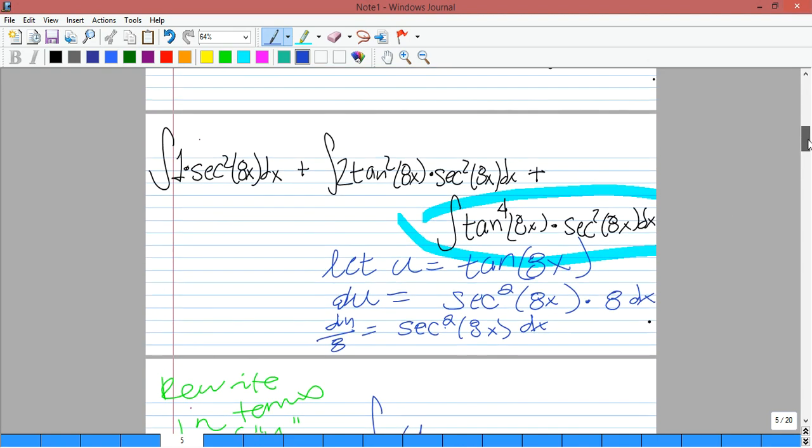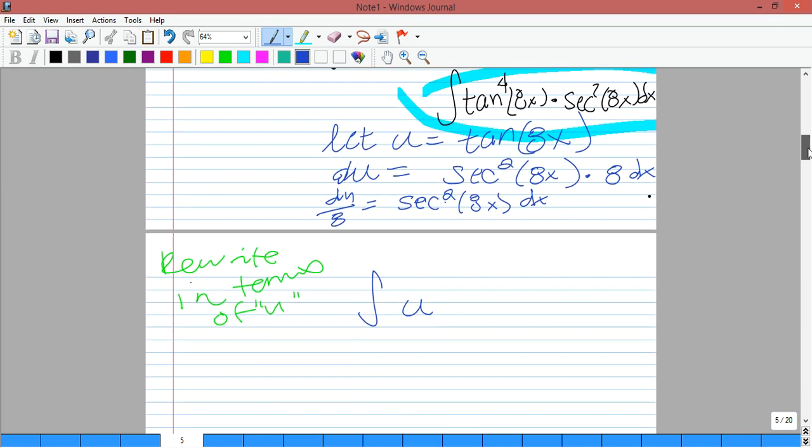And let's see here, what's the power? Tangent to the 4th power. So the integral of u to the 4th, that's the proper way to rewrite it, which is multiplied by the du over 8. All right, so that's good, just like that.